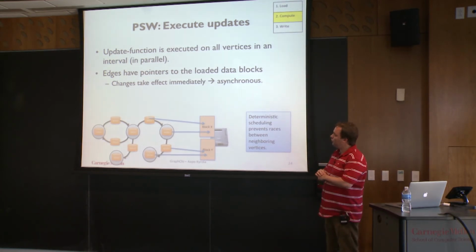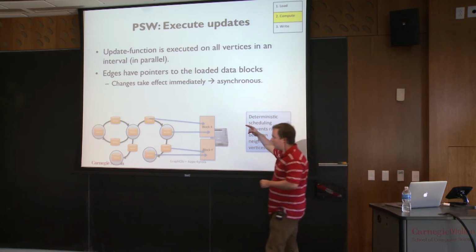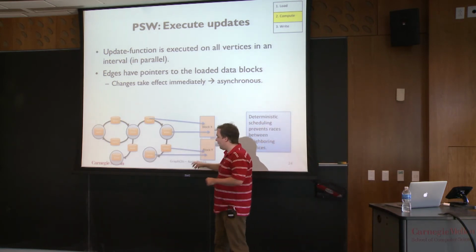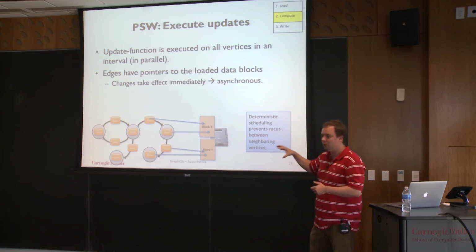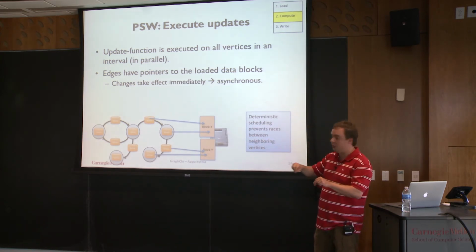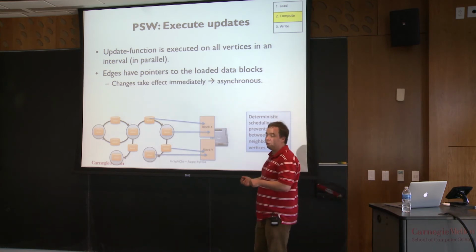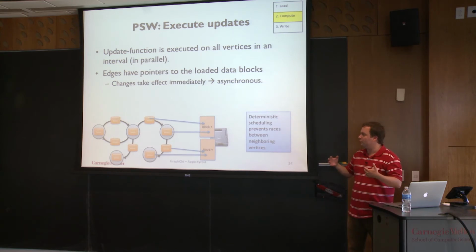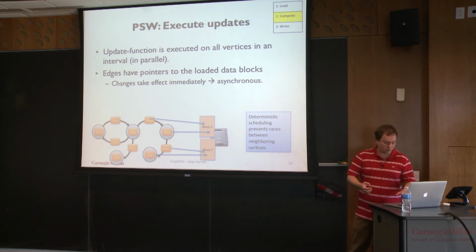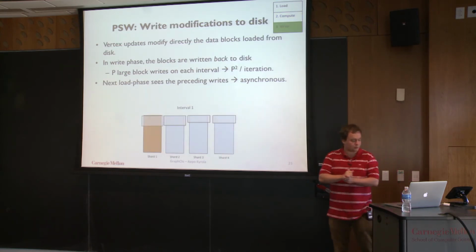One important point to understand here is that changes to the edges are immediately visible. So if a vertex changes its neighboring edge, its neighbor, when it is updated, will observe this change immediately. We call this asynchronous computation, in opposition to the bulk synchronous way, which is standard in distributed systems.